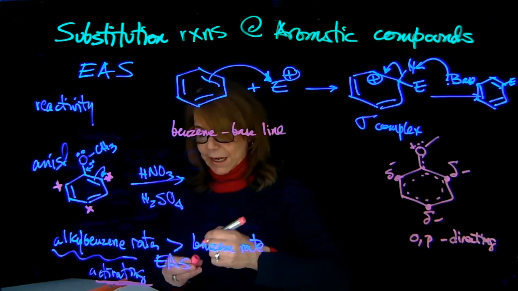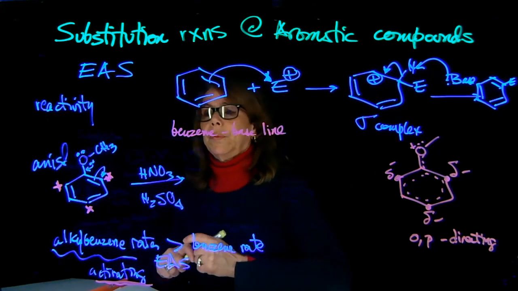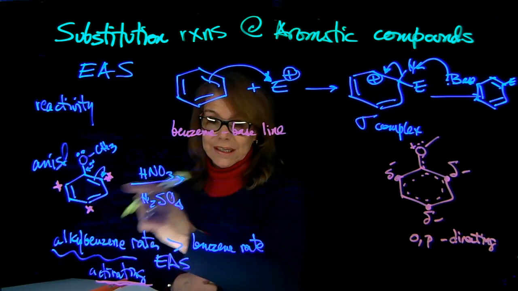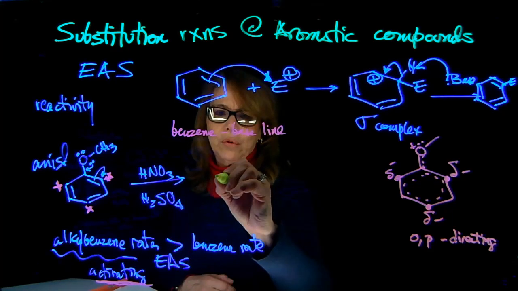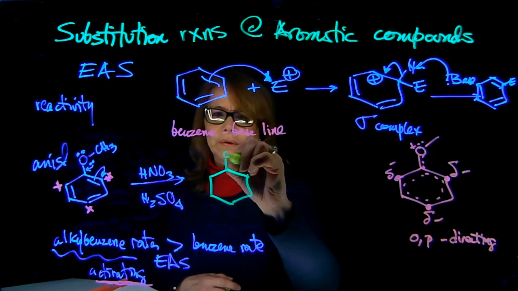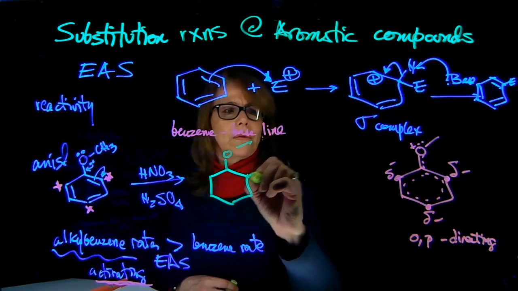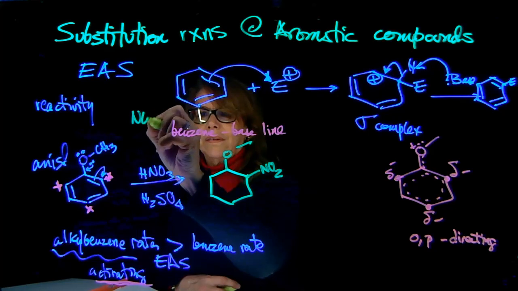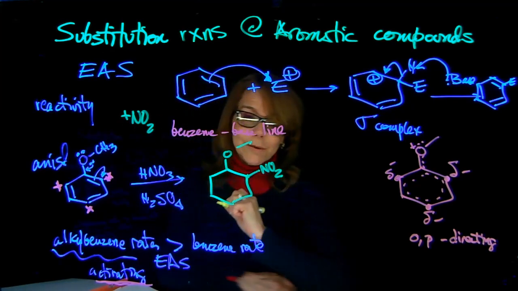Now, if that's the case, what is the product here? So predicting the product, if this is anisole and you will have more electron density in ortho and para, we will have here a mix of products. So here is anisole and you will have ortho. The electrophile here is this.